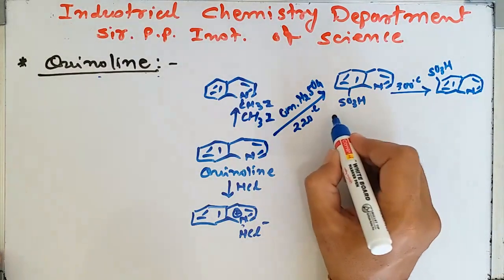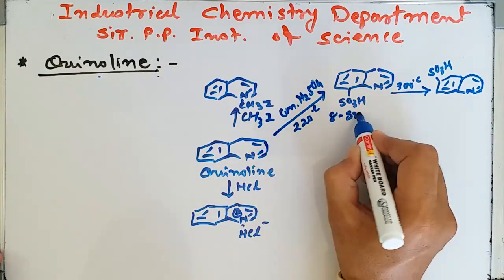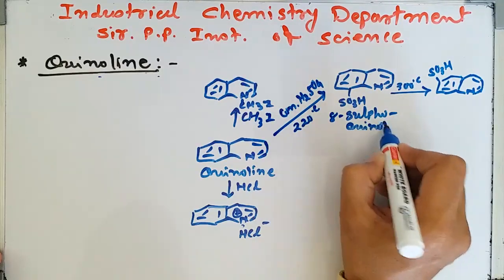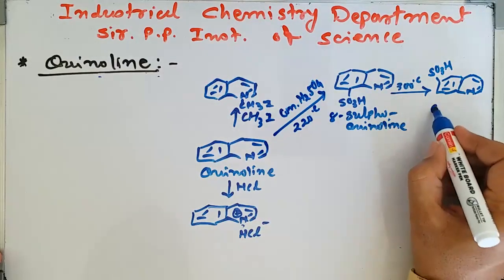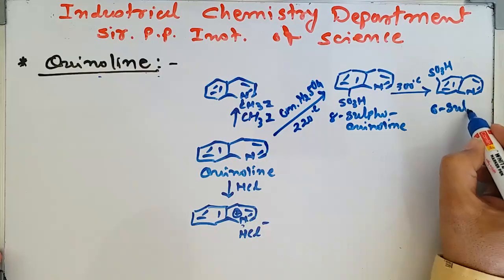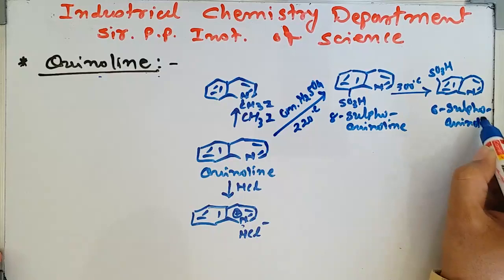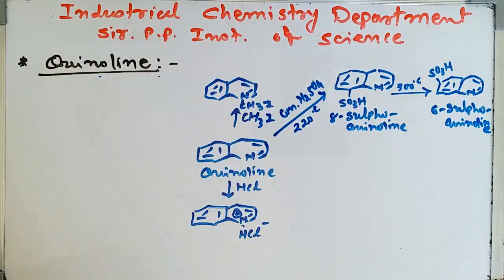So it is 8-sulfoquinoline, and this is 6-sulfoquinoline. So we get on sulfonation electrophilic substitution on 8 and 6 position.